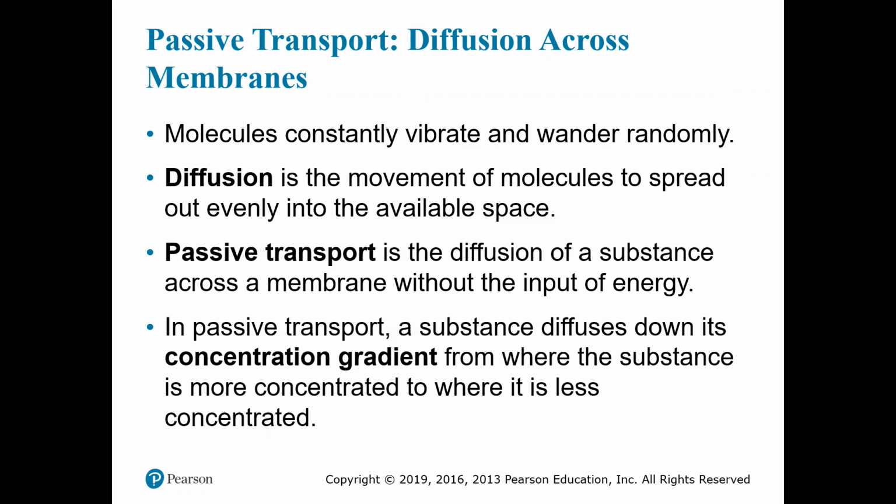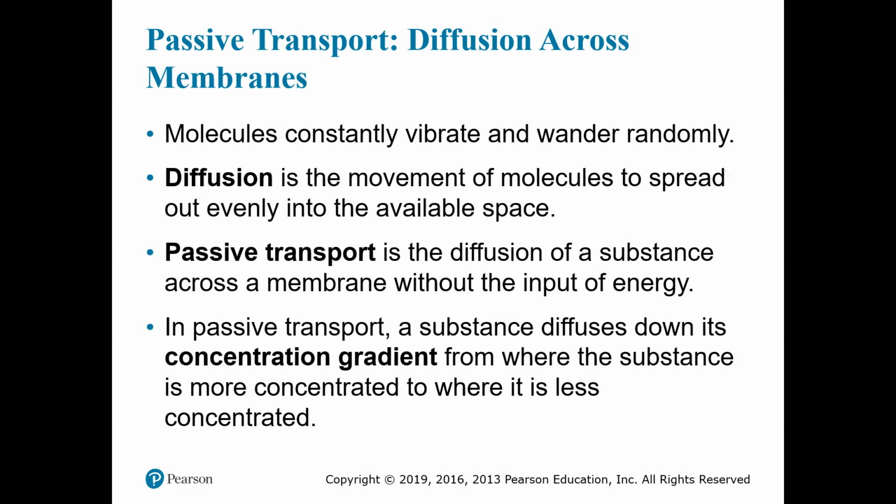Molecules will move randomly because they vibrate, and that allows them to move through the air, through liquid, and they do so based off of a couple of different properties. One of those is the process of diffusion. Diffusion is when you have molecules spread out evenly into a space.